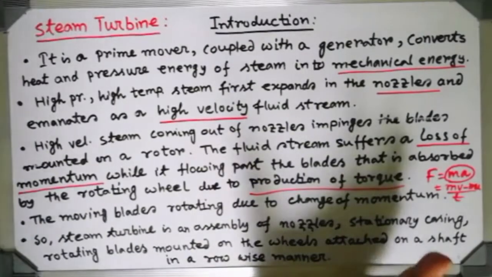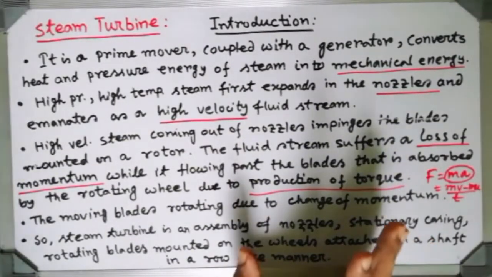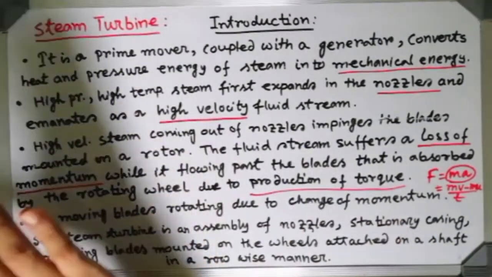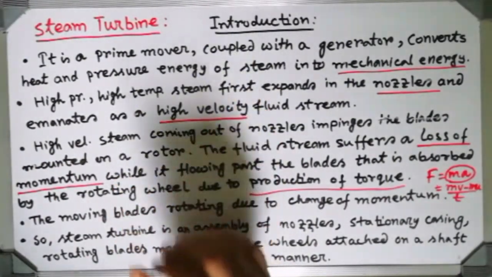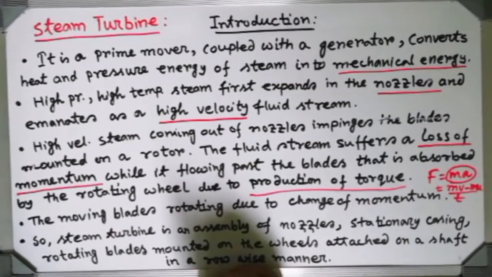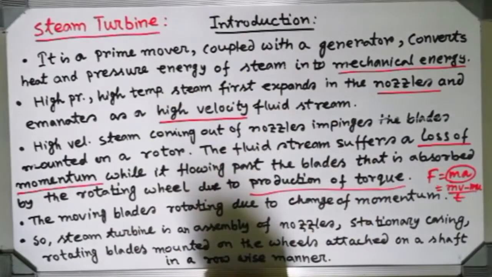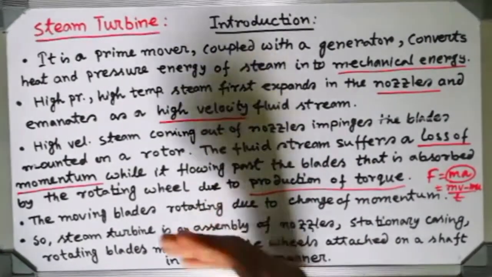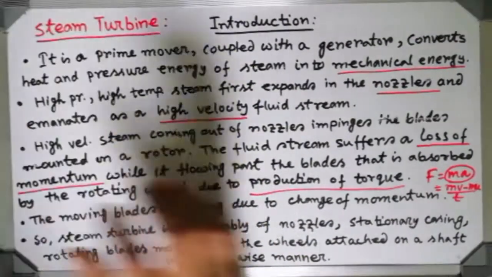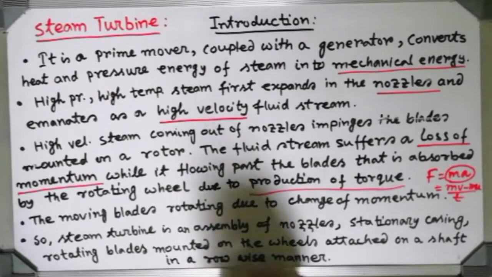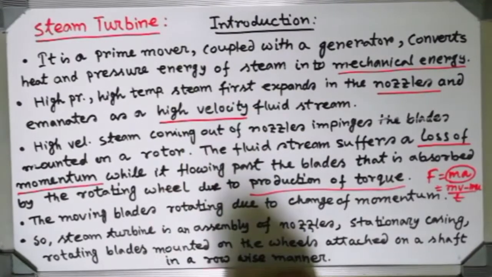So what is happening there? The story is like this. The steam which is coming out of the boiler drum will first enter that nozzle. The nozzle will increase the kinetic energy because it will increase the velocity of the steam. That steam which is coming out of the nozzle is going to hit the turbine blade.